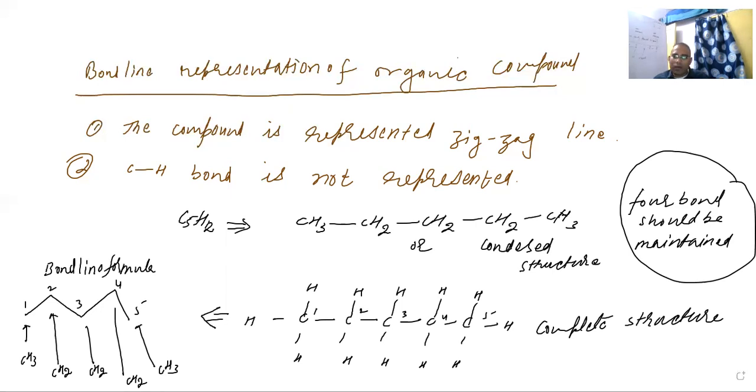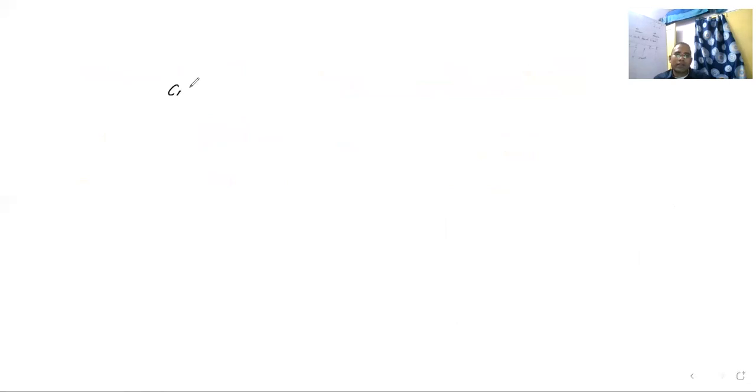Let us have a look at one more compound, C6H14. This compound can be represented as CH3, CH2, again CH2, CH2, again CH2, and finally CH3.